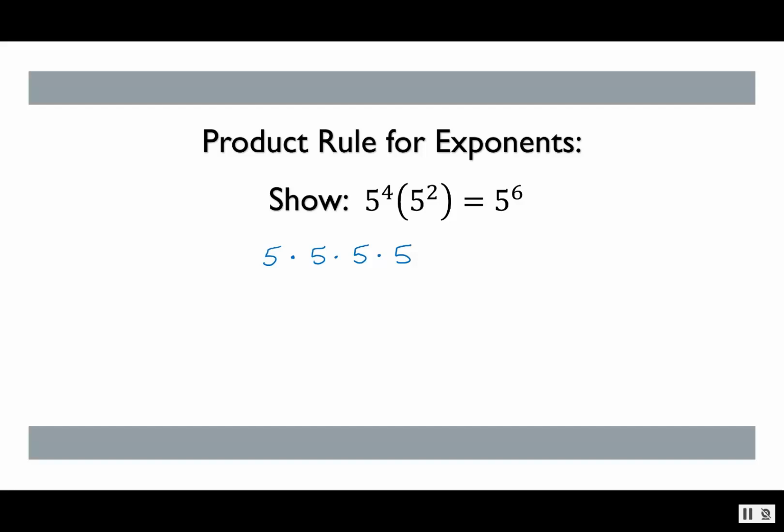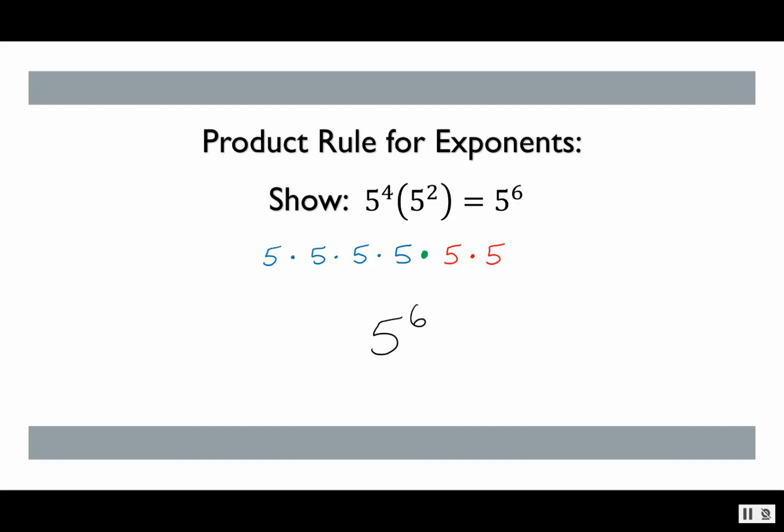That expression is multiplied by 5 squared. 5 squared written without using exponents is equal to 5 times 5. The resulting expression is 5 times 5 times 5 times 5 times 5 times 5. If we write this expression using exponents, the result is 5 raised to the 6th power.